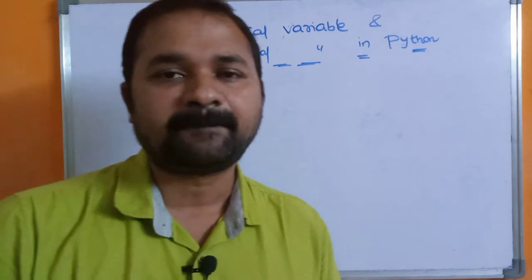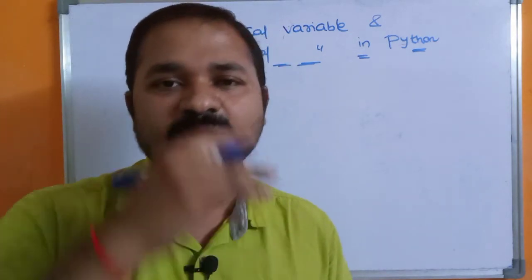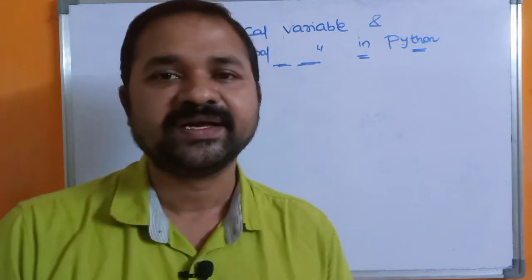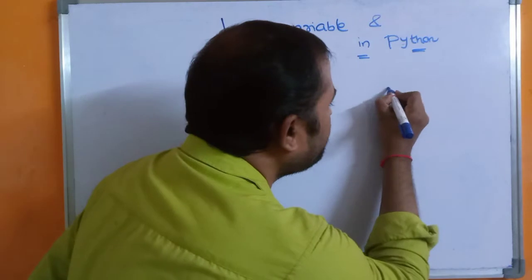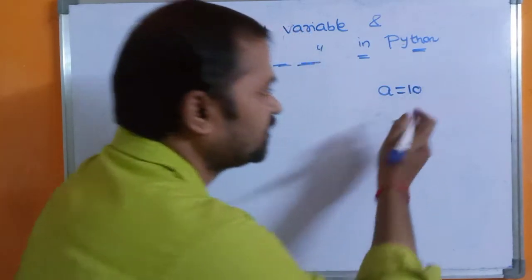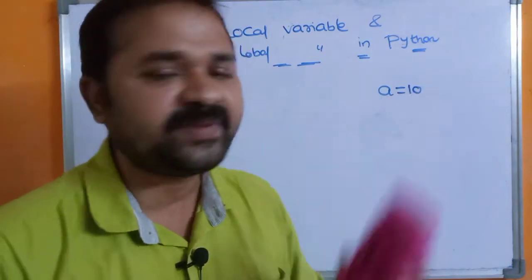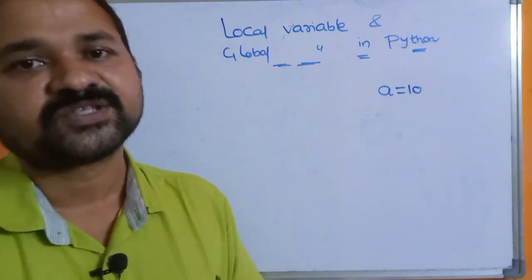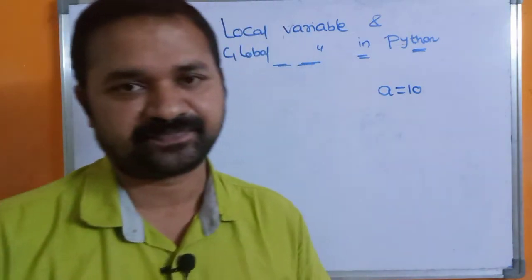We know that Python doesn't support data types, so there is no need of declaring any variable in Python. That's why if we perform an initialization inside a function, then the corresponding variable becomes a local variable. So we can make use of that variable only in that function.